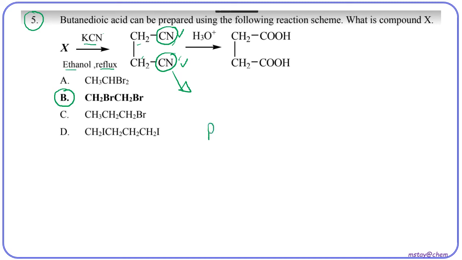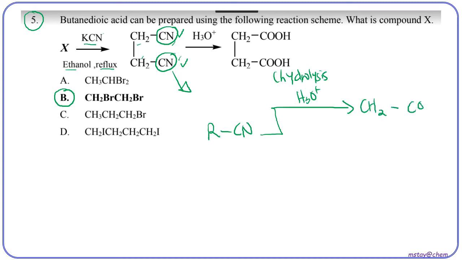Basically, nitrile can undergo 2 reactions. If it reacts with H3O+, we call this hydrolysis. Since we are using R over here, hydrolysis will produce carboxylic acid, RCOOH. If it undergoes reduction with lithium aluminium hydride in ether, we will have RCH2NH2.